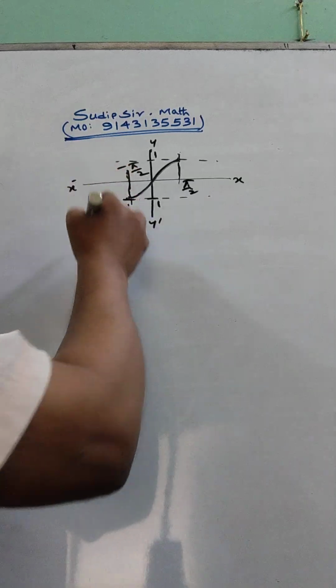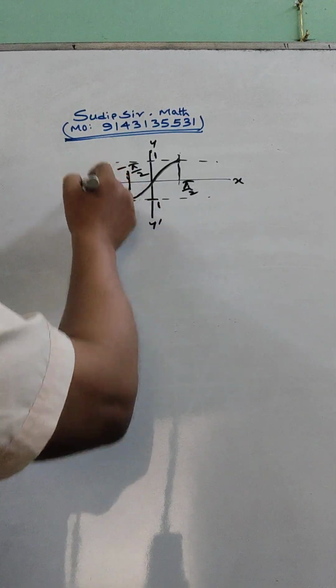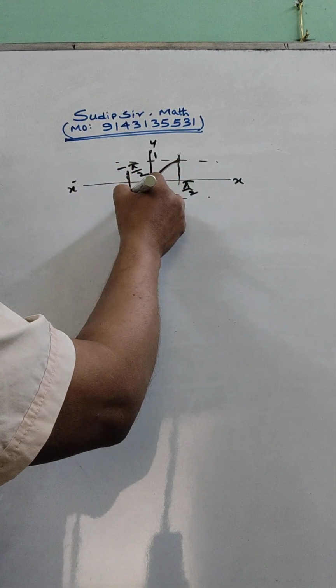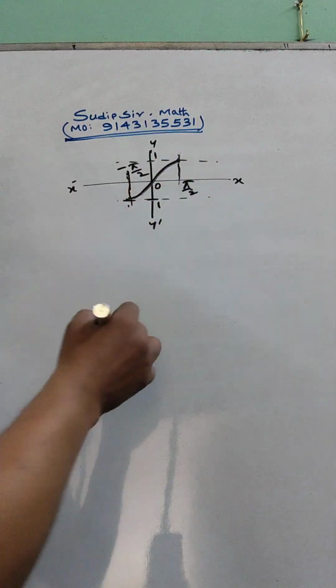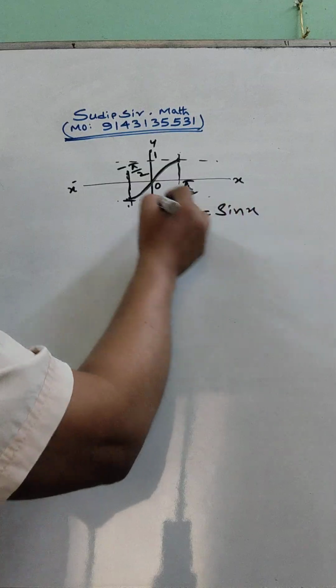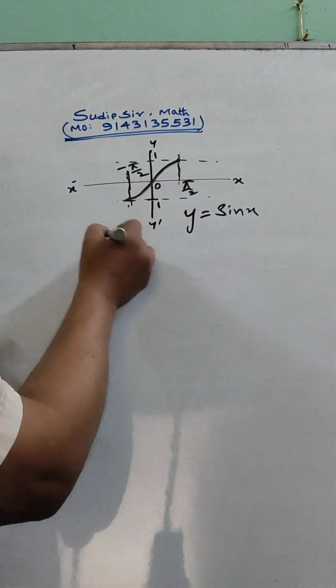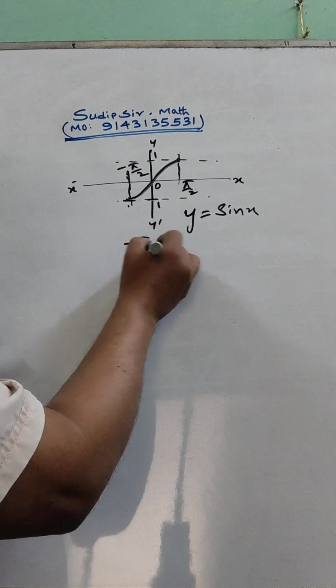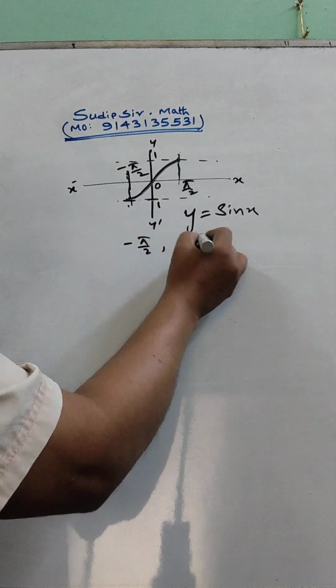This is pi by 2 and this is minus pi by 2. This part is for y equal to sin x between minus pi by 2 to pi by 2.